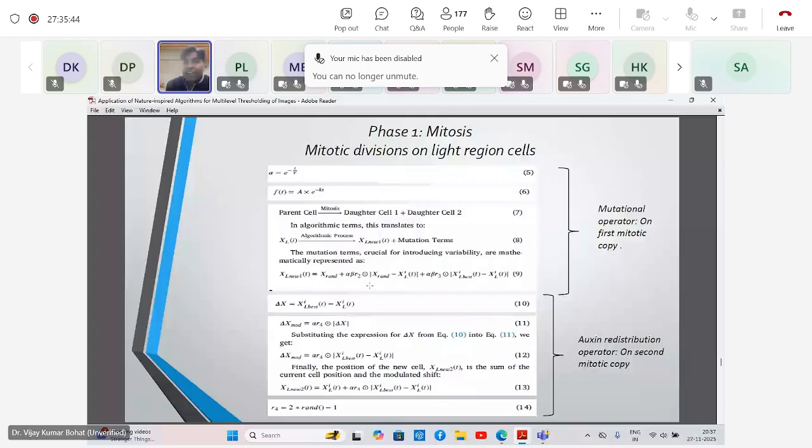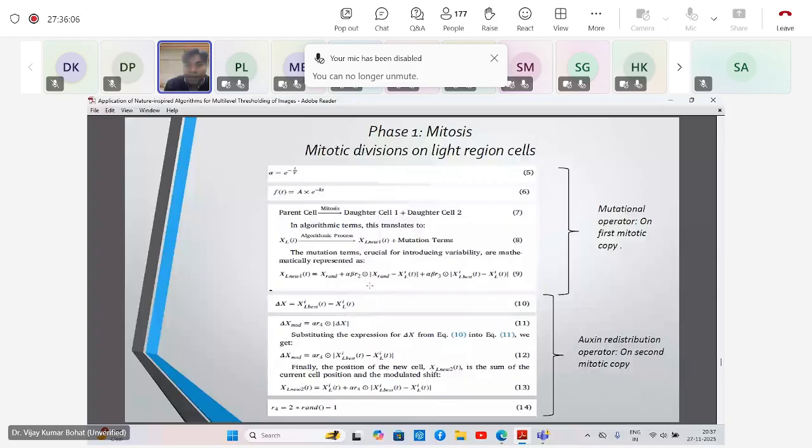It cannot have any other value. It's a discrete variable. Beta being -1 or +1 is to search in both directions, positive and negative, so the algorithm can move freely in the search space in both directions. R2 is a random number.